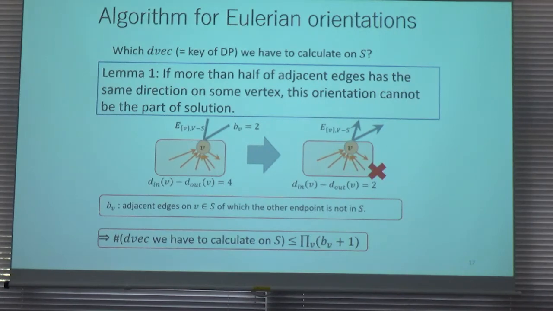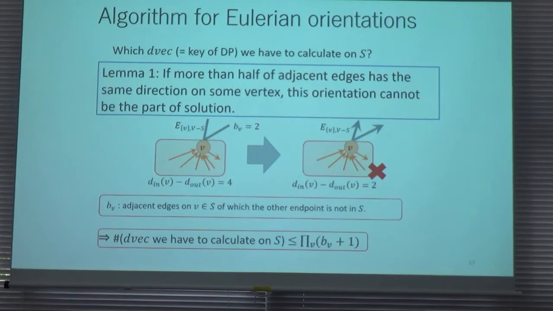By our analysis, the number of keys is bounded by the product of (d_v plus 1), where d_v means the number of edges between the current subgraph and the others, which use the vertex v. In this graph, the gray edges represent the d_v edges.